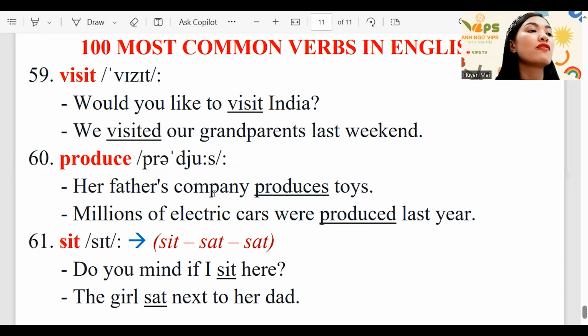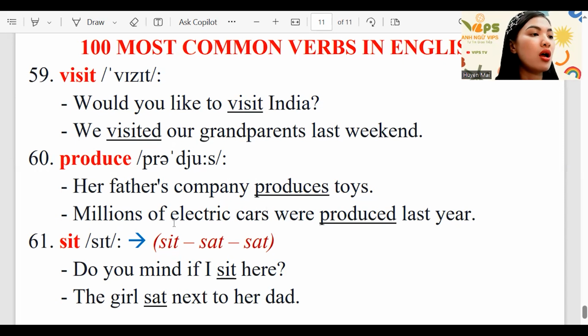So for he, she, it, or singular noun, we have to add S or es. Produces, just like place, places, face, faces. So we have produce, and if we add s like this, ces, we pronounce sis. Okay, produces. Her father's company produces toys.